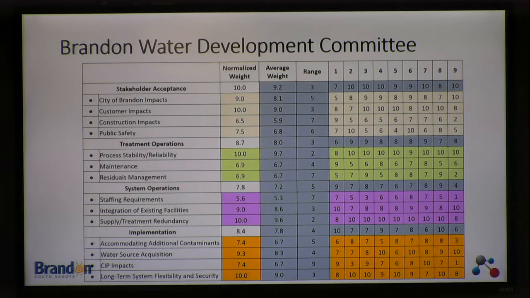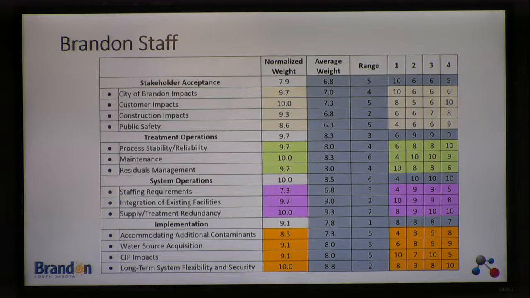For example, person number 1 said public safety was number 1, give it a 10. Next was City of Brandon impacts, customer impacts, and then finally construction. Whereas person number 2 said, no, customer impacts as the highest priority, City of Brandon next, and so forth. So each person could put in their vote, if you want to call it that, or their priority rating for each of these. In addition to that, the Brandon staff did the same thing, and the city's A2S staff did the same thing. There are 3 of us working on this project.